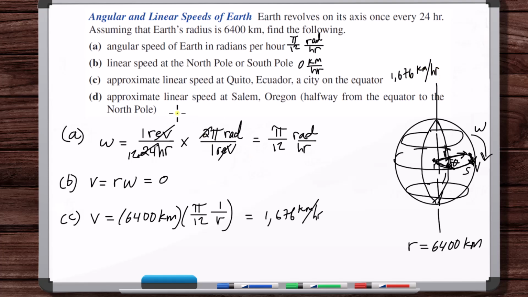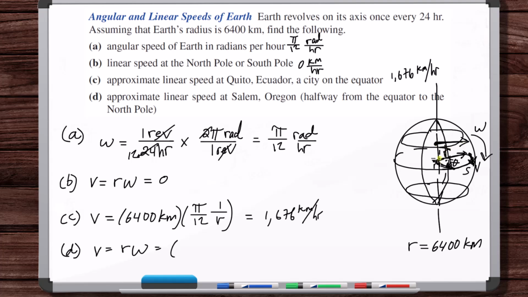All right, interesting. Okay, part D, approximate the linear speed. What is the approximate linear speed at Salem, Oregon, halfway from the equator to the North Pole? So what they're going for here is, okay, you're here, right? So V is equal to R omega, but R is going to be whatever the latitude circle halfway up is.